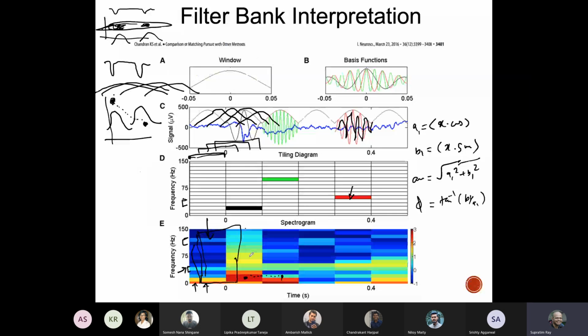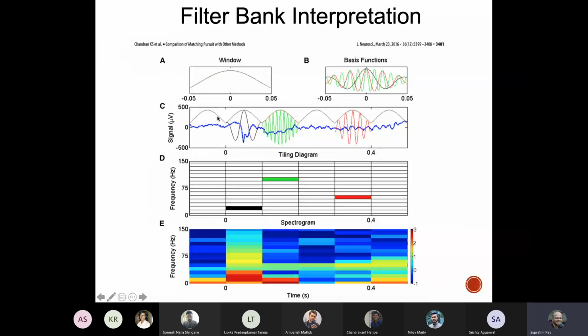What we are doing is that the windows are translated, so the next window in this case is going to be here like this. I have one window here, one window here, one window there, and so on. So it's a window which has 50% overlap.